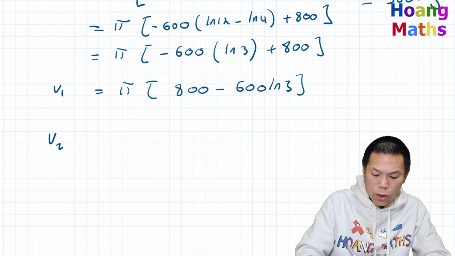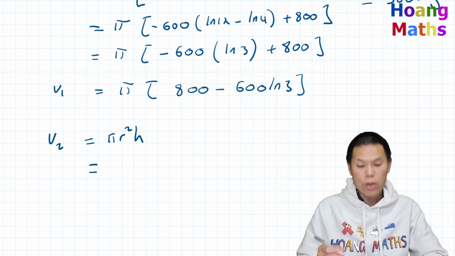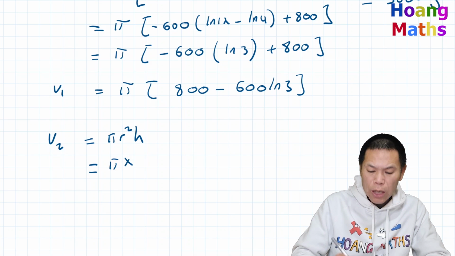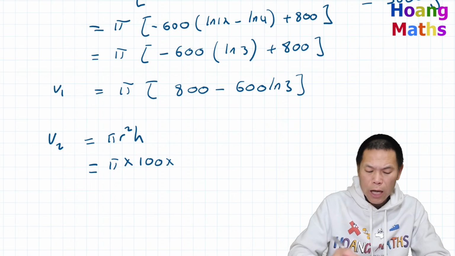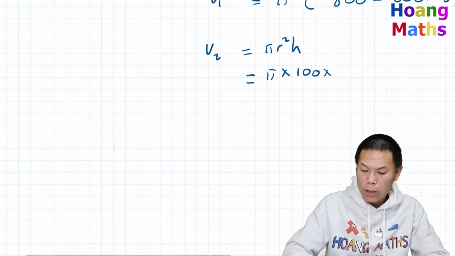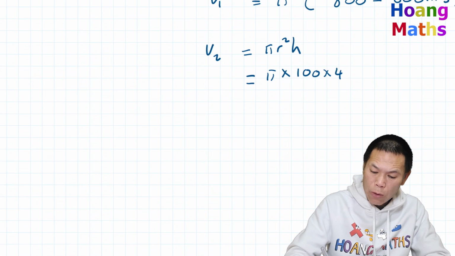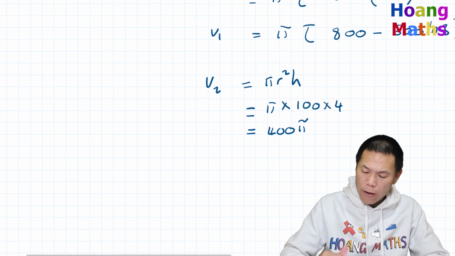V2 will give me pi r squared h, which is quicker. That means pi times the radius 10, 10 squared is 100, and the height is 4, I think. Yes, it's 4. So we times by 4. That will give me 400 pi.